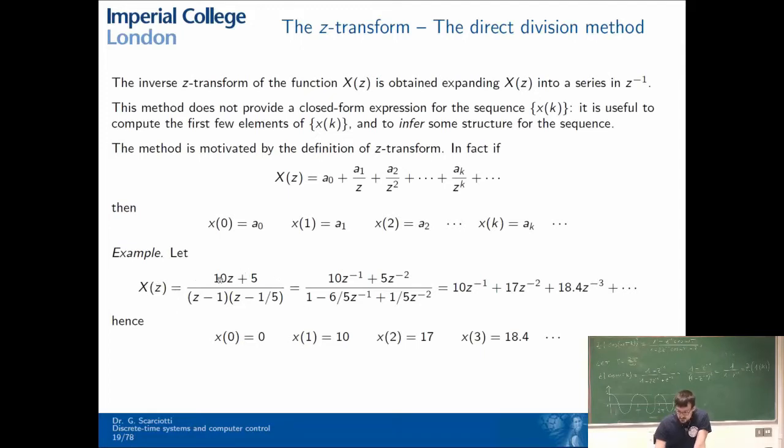We start with this Z transform. First step is to divide the numerator and denominator by z so that we obtain this expression. Then we have to compute the division between these polynomials. You may not remember how to perform this division, so let's look at this example together.